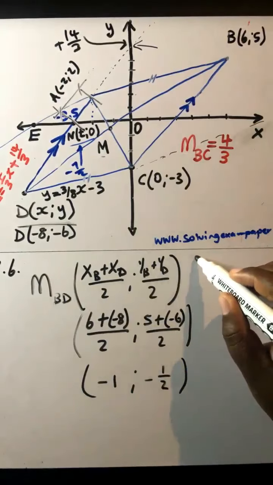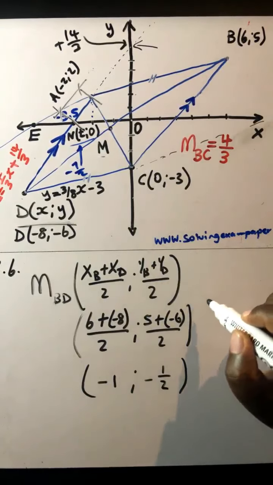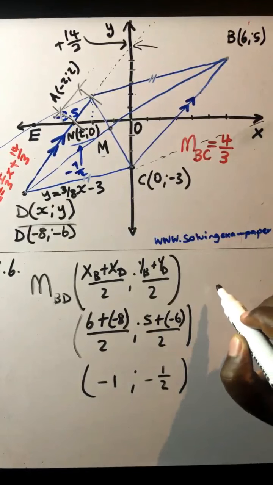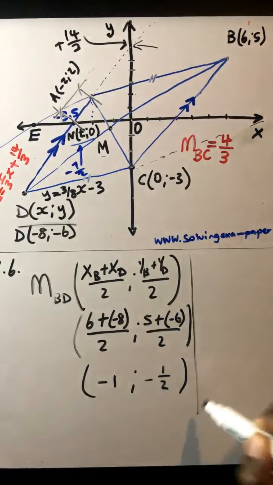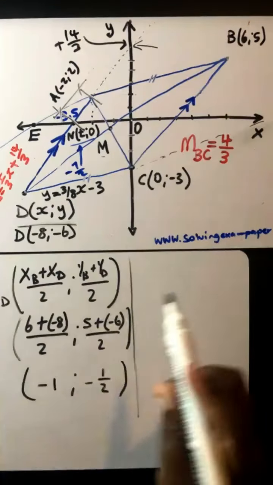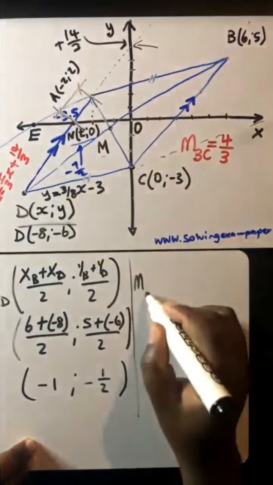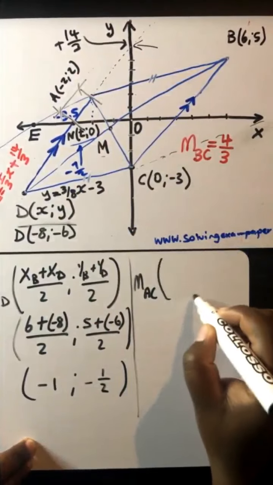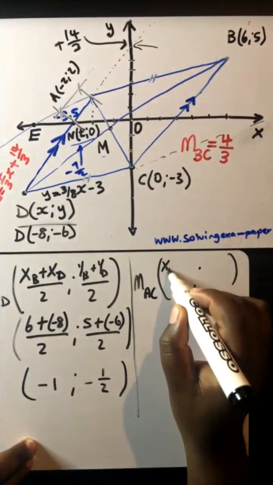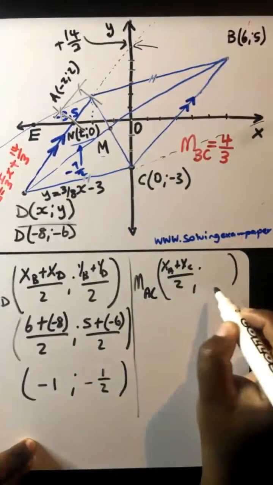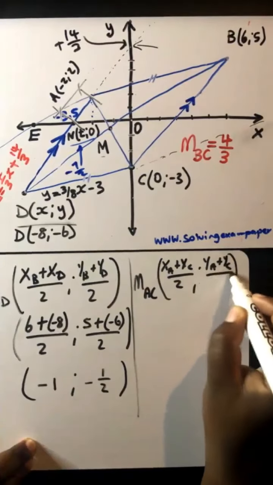So guys, we are still going to perform the same calculation, but in this case using the midpoint of AC. Obviously, it is the same formula, but we can say x of A plus x of C divided by 2, y of A plus y of C divided by 2.